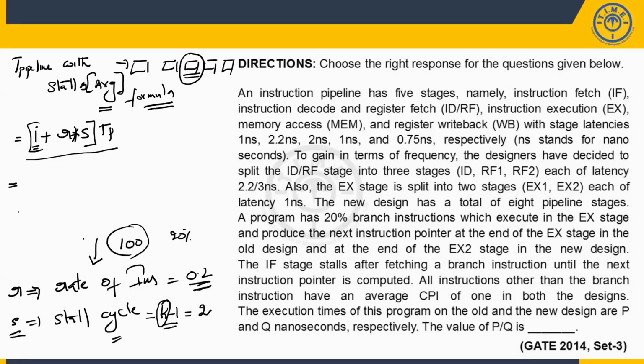So that is equal to 1 plus the rate of instructions, 0.2, into the stall cycles, which is k minus 1, equal to 2, into TP. What is TP? TP for the first stage is 2.2. Is that clear?